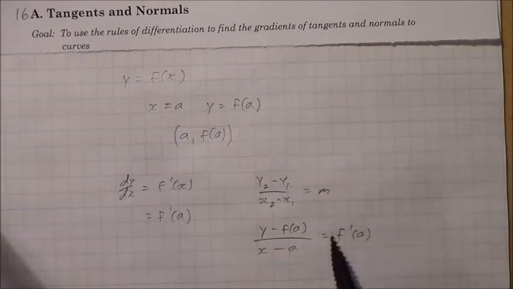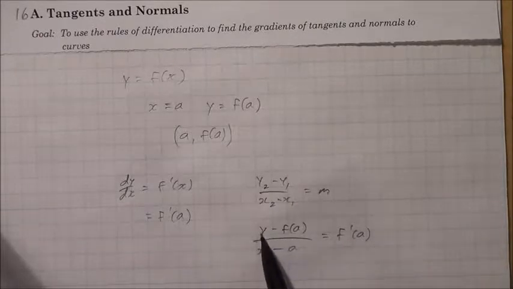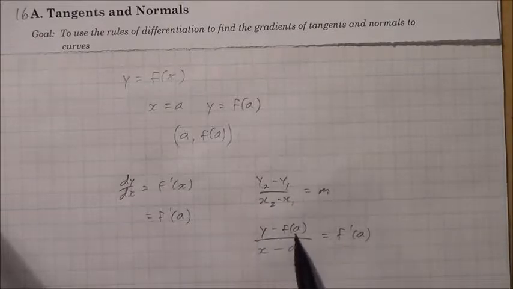So this is the gradient evaluated at x equals a, and this is the general y minus the specific y value of the point of tangency, divided by x minus the specific x value of the point of tangency, a.